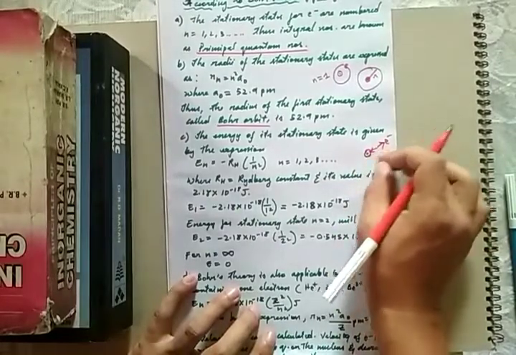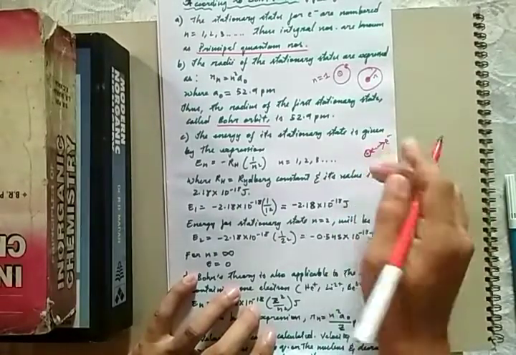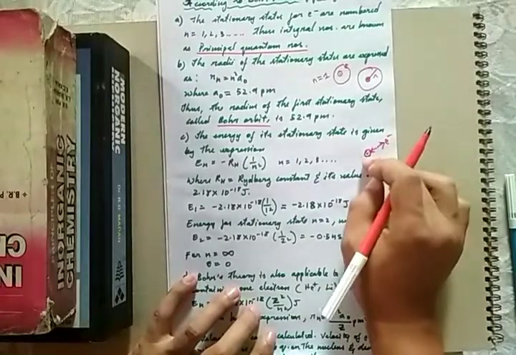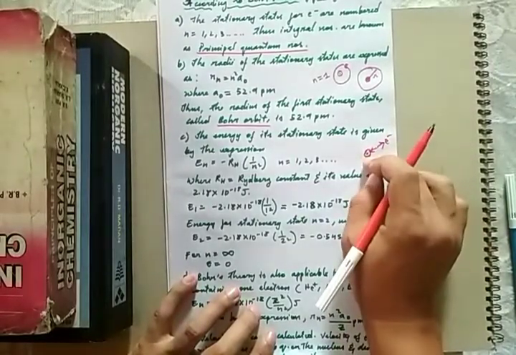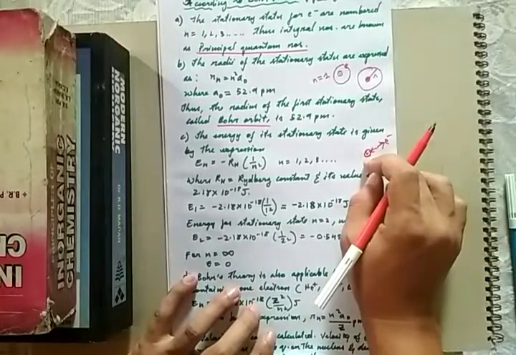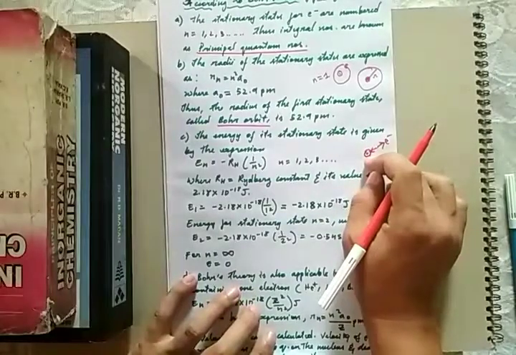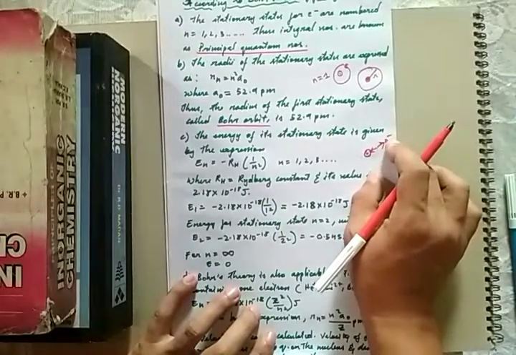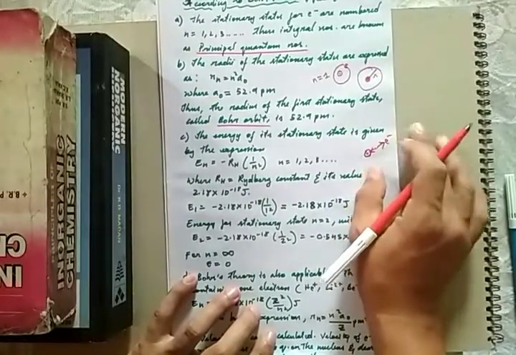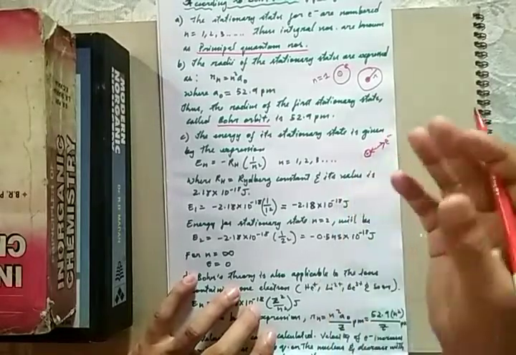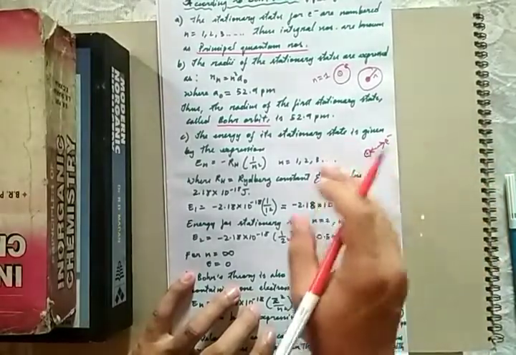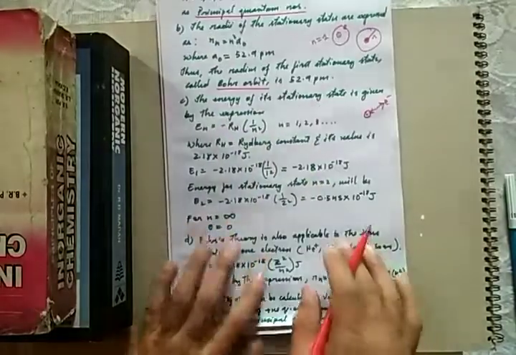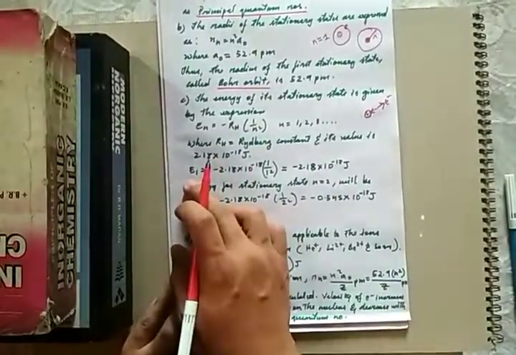There is attraction between them. So the higher the positive charge, the more attraction between the electron and the nucleus. So electrons, after absorbing radiation, will lose energy. Since they lose energy, the minus sign comes here.